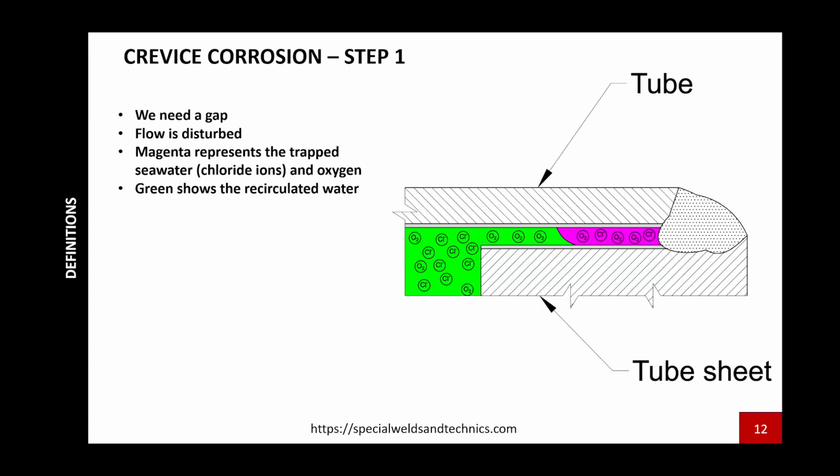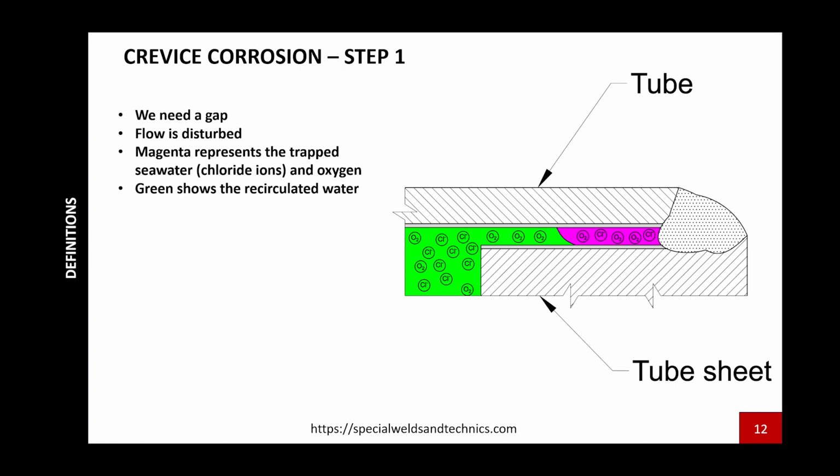To give you a better understanding of this type of corrosion, let's take a heat exchanger. We have hot steam and we want to condense this hot steam with a heat exchanger, and we want to use seawater as a coolant agent in the shell side. The green area represents recirculated water, while the pink shows the trapped seawater in the crevice.